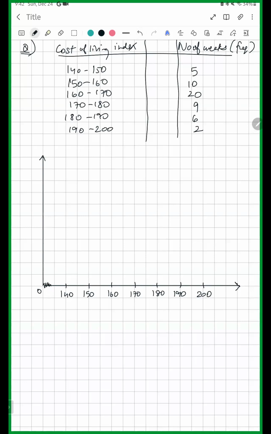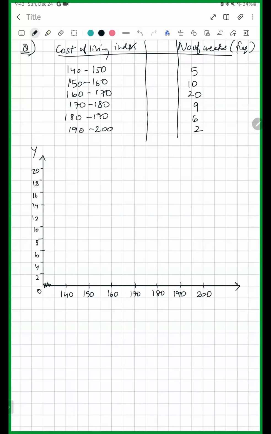On the y-axis here, because the maximum is 20, we can make it like 2, 4, 6, 8, 10, 12, 14, 16, 18, 20.